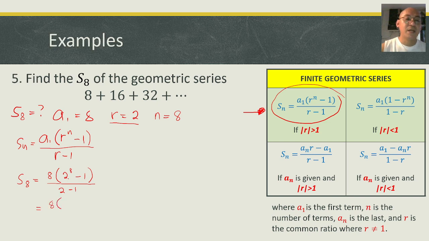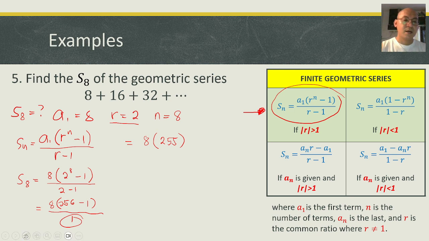2 raised to the 8th power will give us 256. Minus 1 over 1, as we have 2 minus 1. So basically, we don't need this one, as we have now 8 multiplied by 255. Alright? So what is 8 times 255?